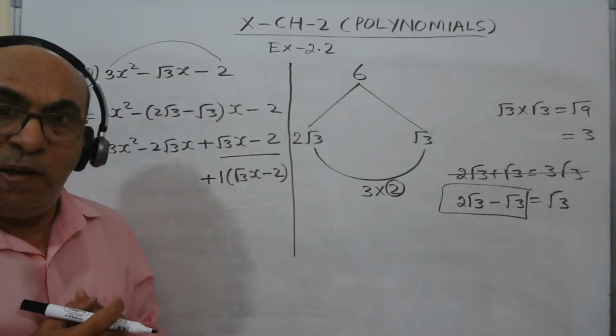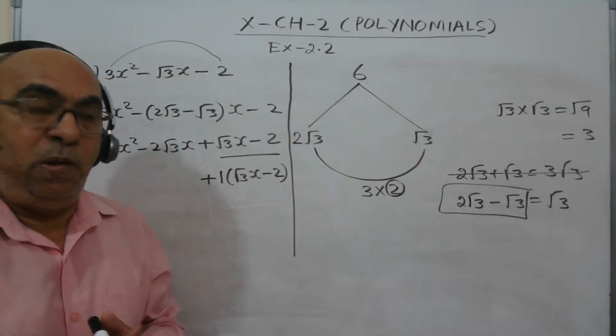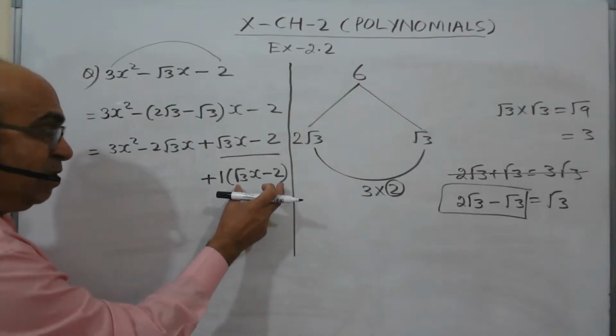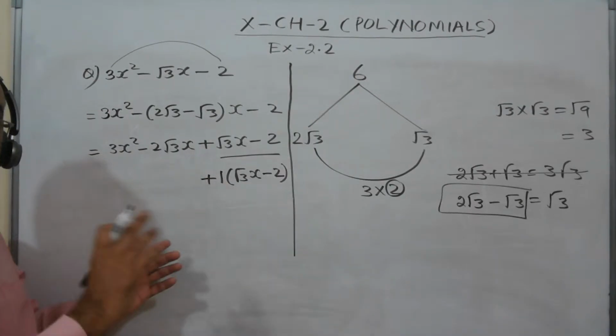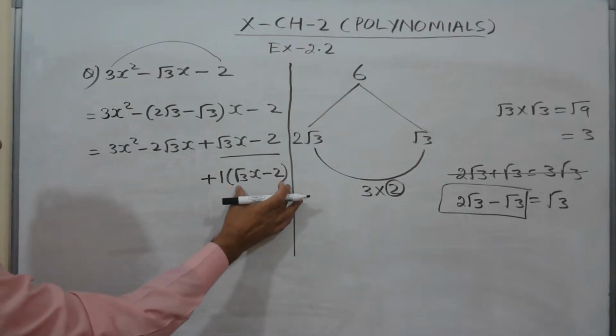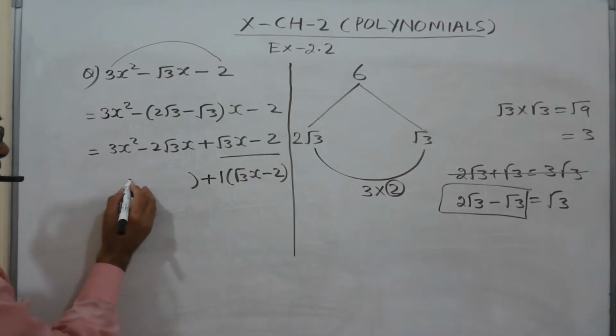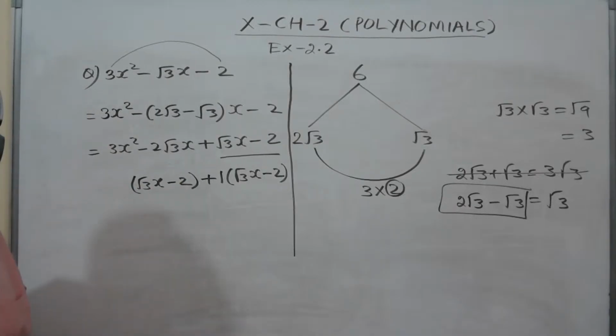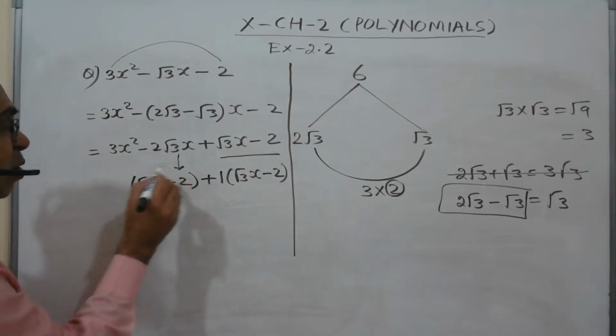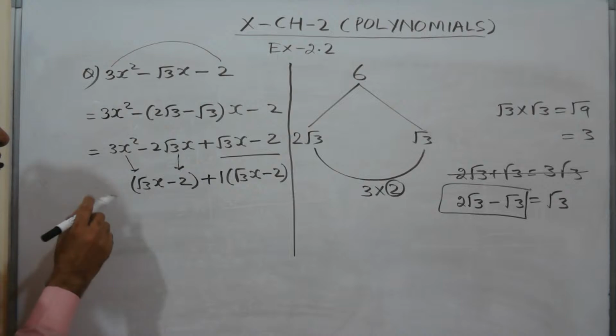I got common. But we know here this bracket and this bracket will be the same, or not? 100%. If they are different, then we can't do factorization. So we will copy here. See, this trick I am telling you. I copy it. Now compare this term as well as this term.